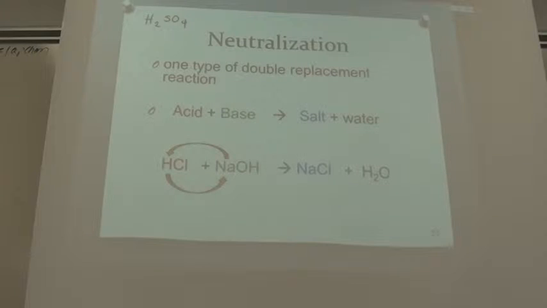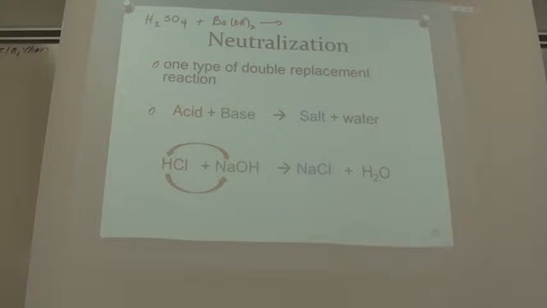And I would like you to name your favorite base that is not sodium hydroxide. Barium hydroxide. Okay. Do you know what this will form?